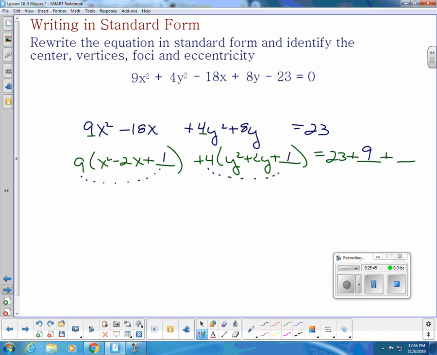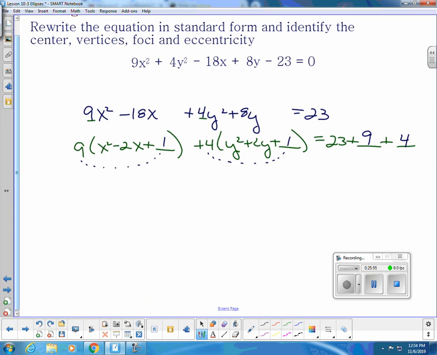That's just a coincidence that those both have to be a 1. And then you're going to add 4 to the other side. So you're just completing the square twice, 2 different little spots. And then you're going to write it in binomial factored form. So it's going to be x minus 1 squared plus 4 times y plus 1 squared equals 36.